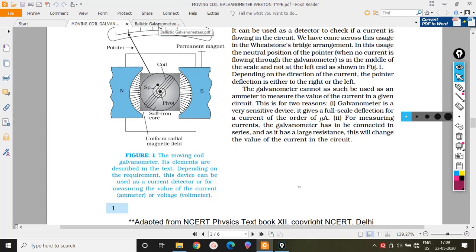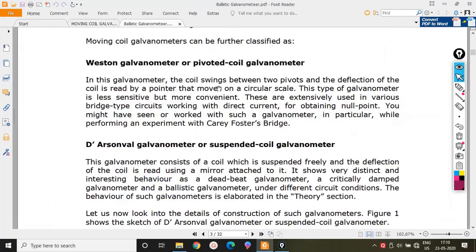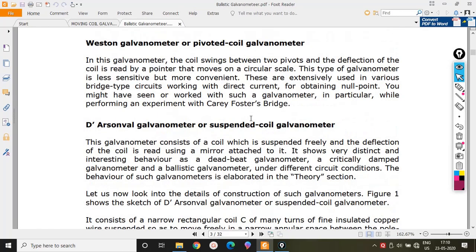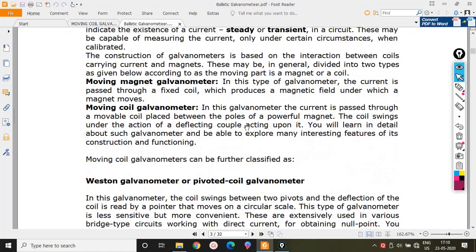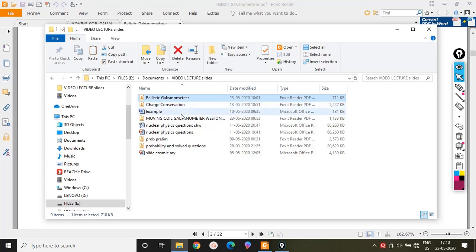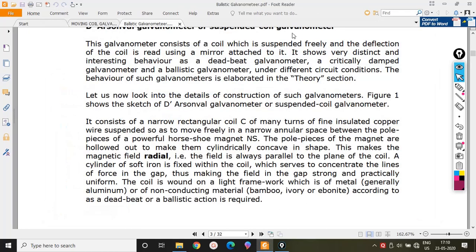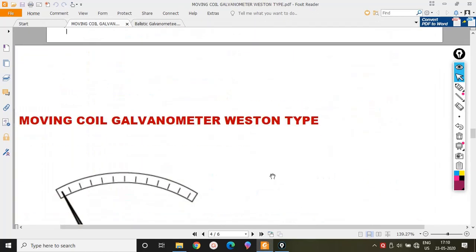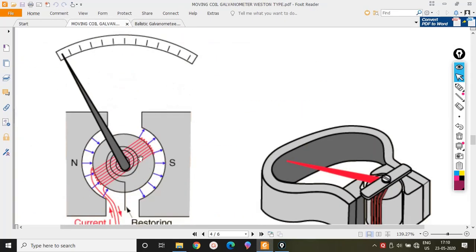But you will see this diagram this side, and it will be much better once we show you the next diagram.